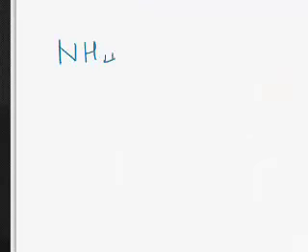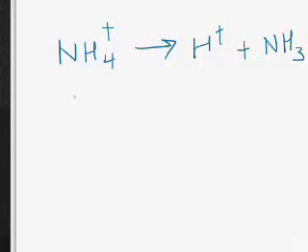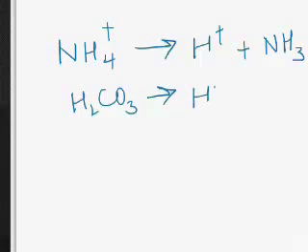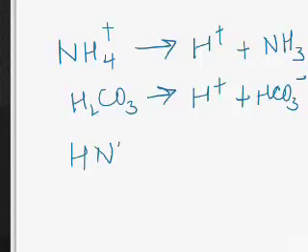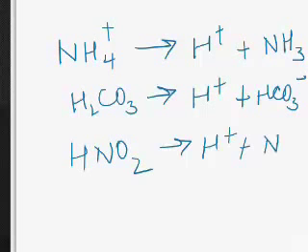NH4 positive ammonium, it will give H positive and NH3. H2CO3, it will give H positive plus HCO3 negative. And HNO2, it will give H positive and NO2 negative. So all Bronsted Lowry acids are proton donors.